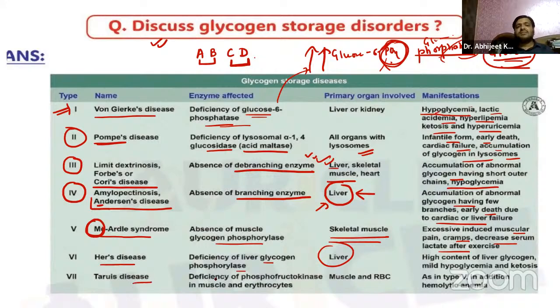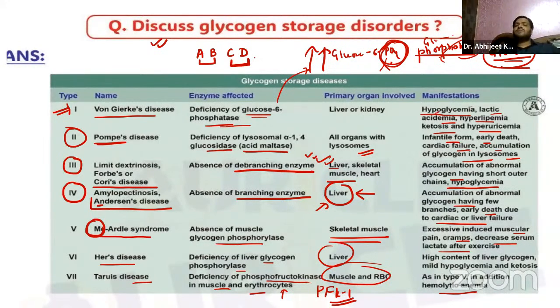And Tarui's disease is deficiency of phosphofructokinase, PFK1. Glycolysis, guys, I've already discussed in muscle and erythrocytes, right? As in type 5, in addition to hemolytic anemia, if this enzyme phosphofructokinase is absent, glycolysis will never take place. RBCs are only dependent on glycolysis for energy, for ATP.